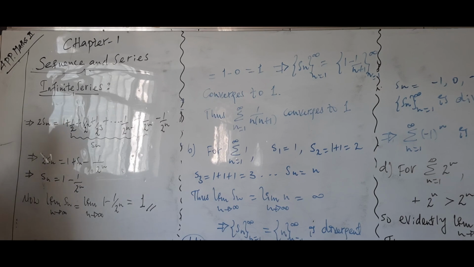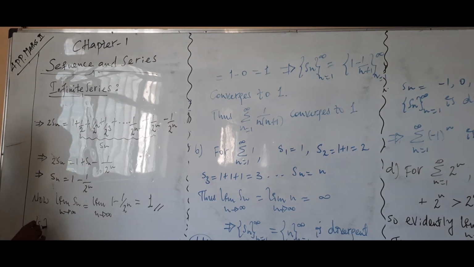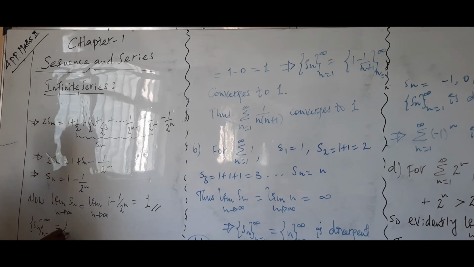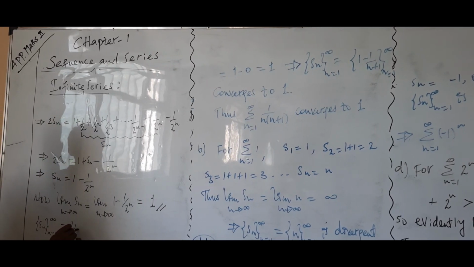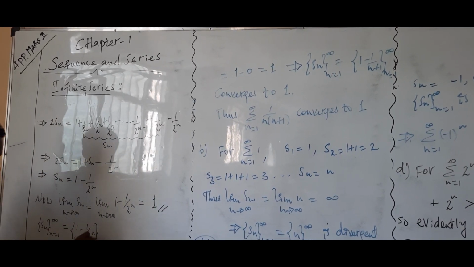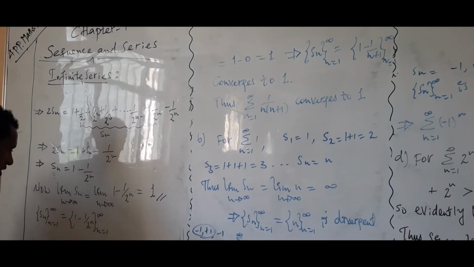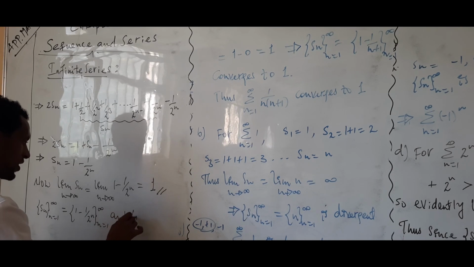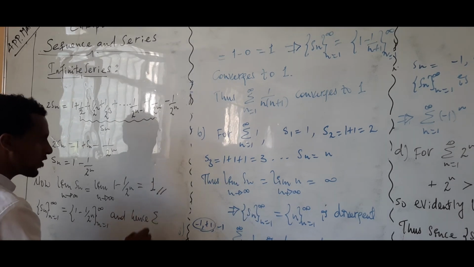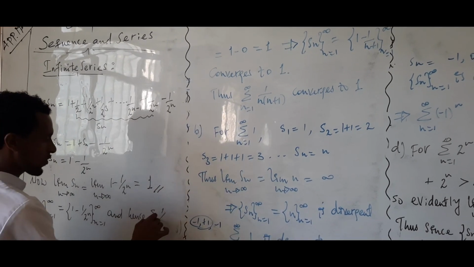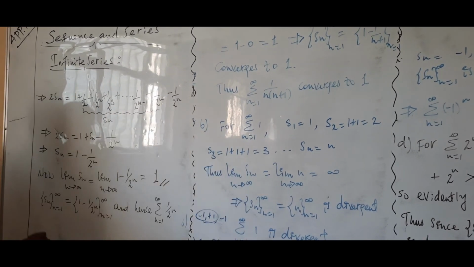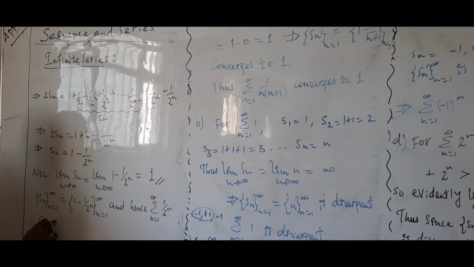Therefore, the sum of 1 over 2 to the power of n, when n starts from 1 to infinity, converges to 1.